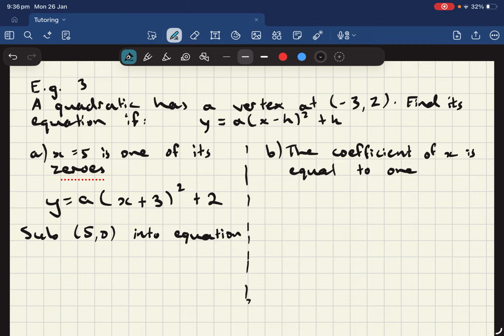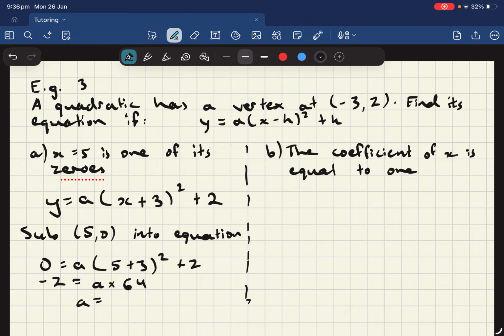So substituting this in, I get 0 equals a multiplied by (5 plus 3) squared plus 2. You can pop this into your calculator, but we can just rearrange this. So -2 goes over here, and I get a times 64.